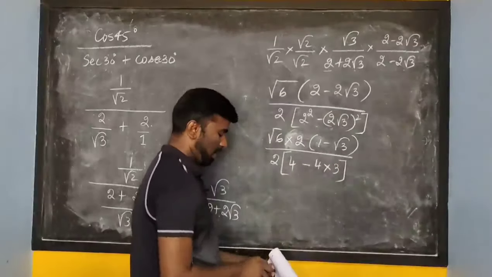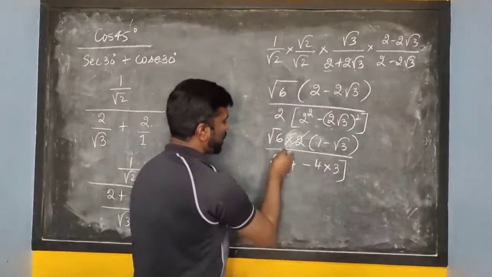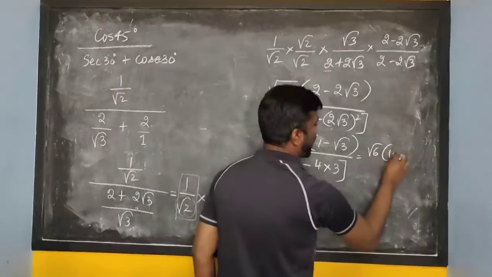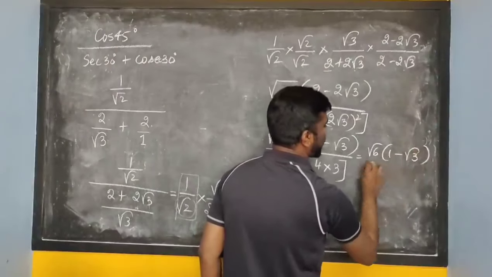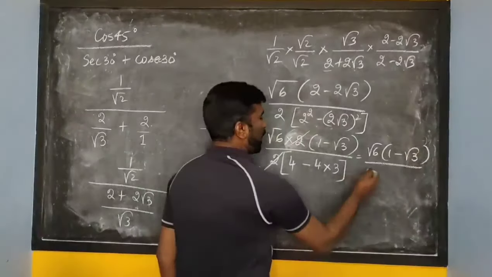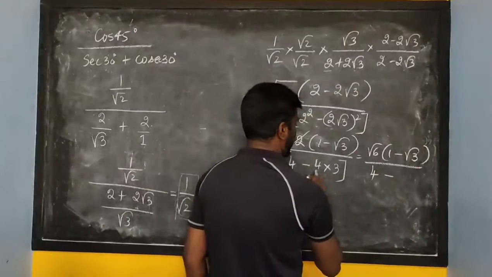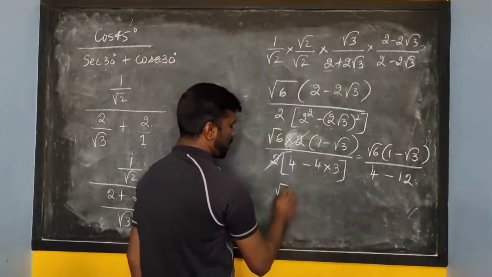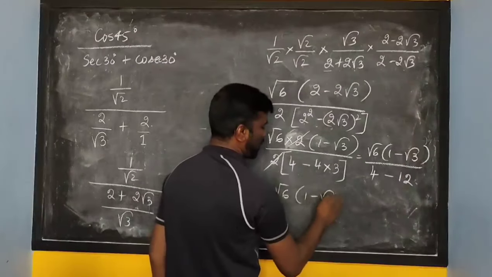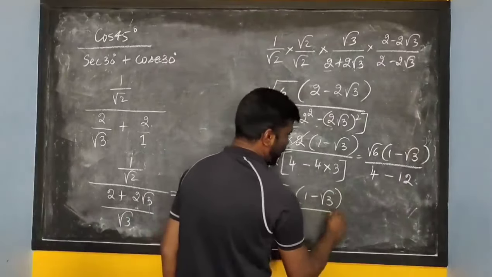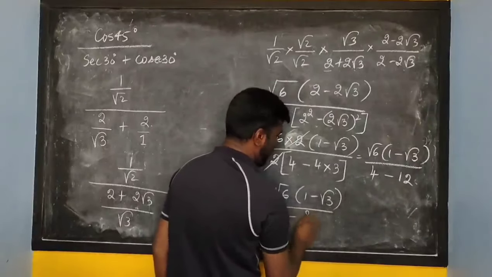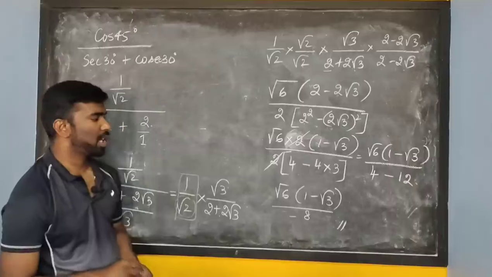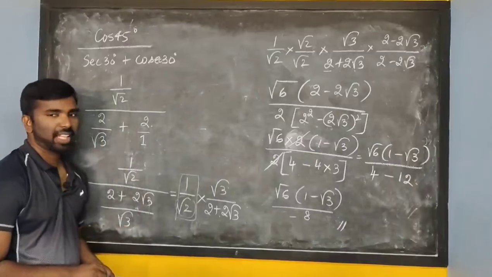Now 2 and 2 will cancel out. What we get is root 6 into 1 minus root 3 divided by 4 minus 4 3s are 12. Now root 6 into 1 minus root 3 divided by 4 minus 12 is minus 8. Still you can simplify it further. For 3 marks, up to here it is enough.